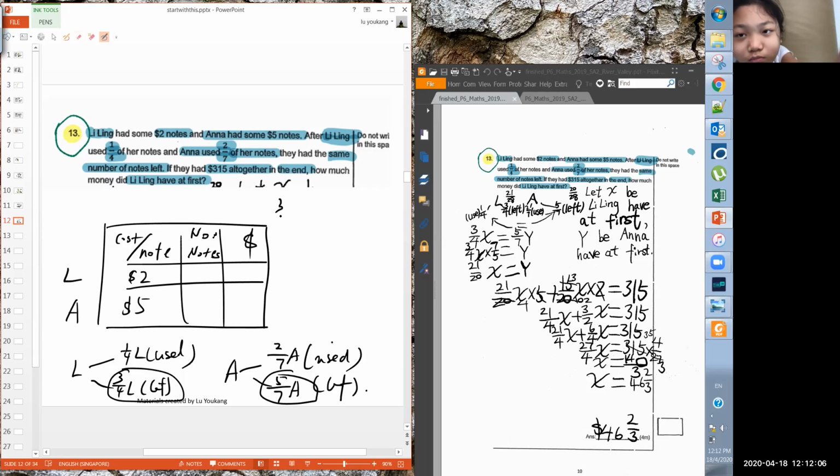So 3/4 L is equal to 5 over 7 A. Okay. So L over A is equal to what? Is equal to 5 over 7 divided by 3 over 4. So let me figure out the answer using my calculator. Divided by 3 over 4. Okay, it should be 20 over 21.